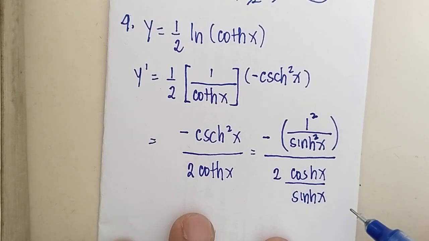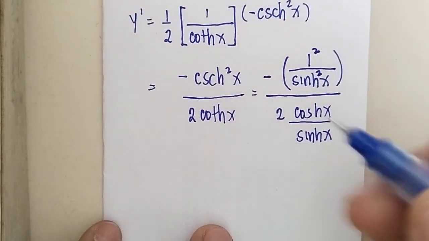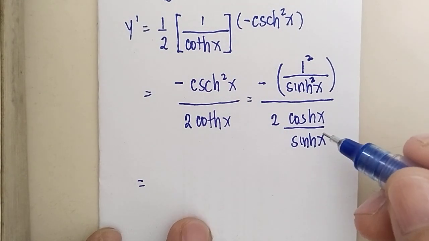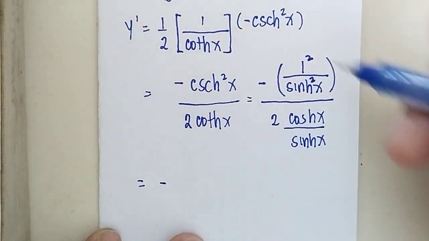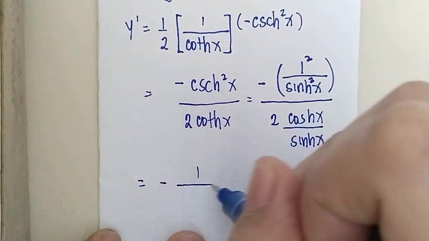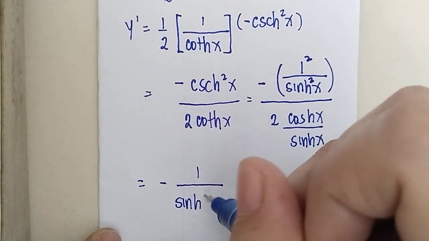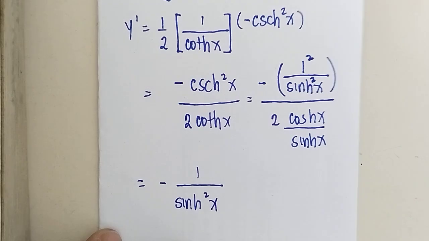So, both are divided, and if we manipulate this, one can cancel. So, this will be negative, with 1 on top, because 1 squared is 1, all over hyperbolic sine of x squared.